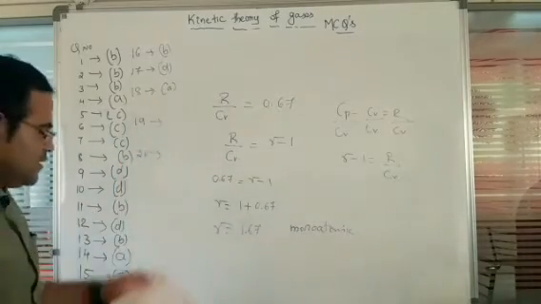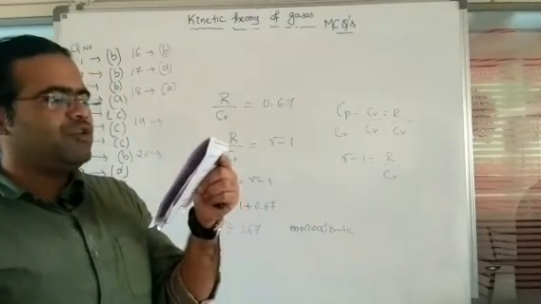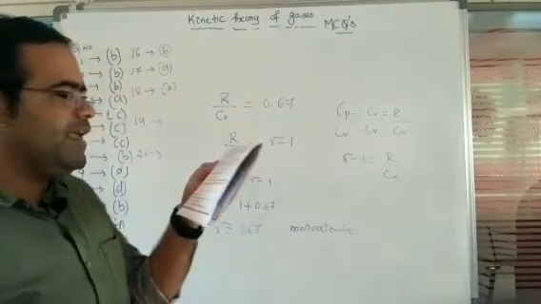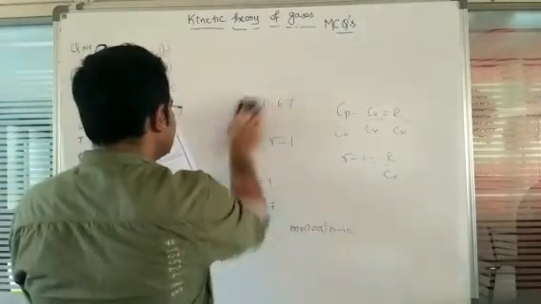Next, question number 19 and question number 20. When we have question number 19, gamma is the ratio of specific heat capacities for a given perfect gas, and we need to identify the number of degrees of freedom.